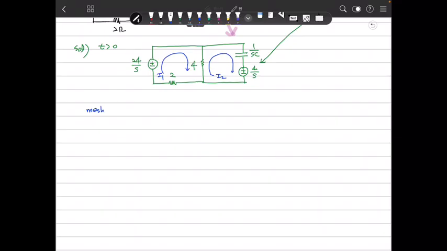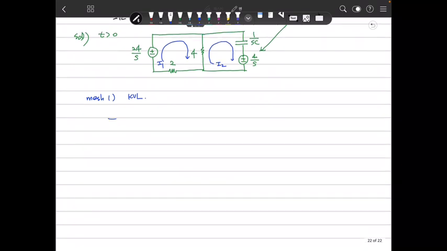So for mesh 1, using KVL, 24 over S equals 4 times I1 minus I2, plus 2 I1. Then I1 will be 2 over 3 I2 plus 4 over S.